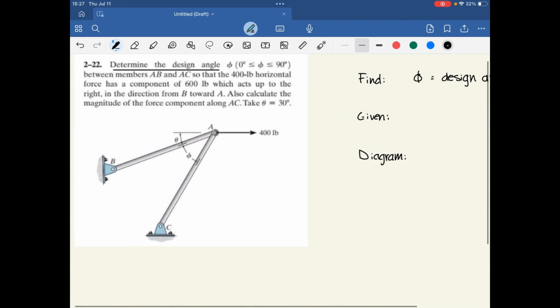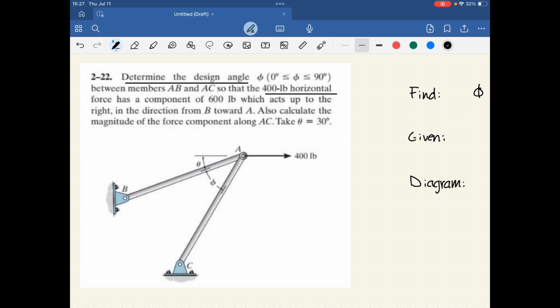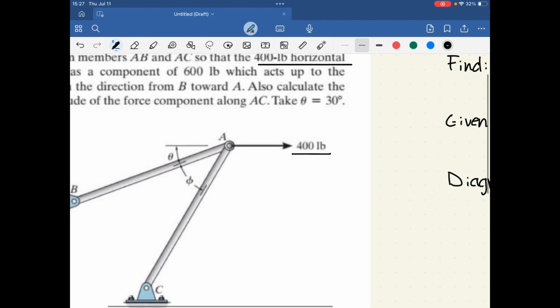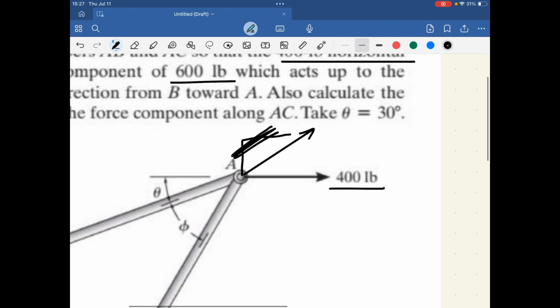Alright, now for this question, what are we given? We know that there's a horizontal force that's 400 pounds. And there is a 600-pound force which acts up and to the right. So that means the resultant of this force will be a diagonal, just like that.